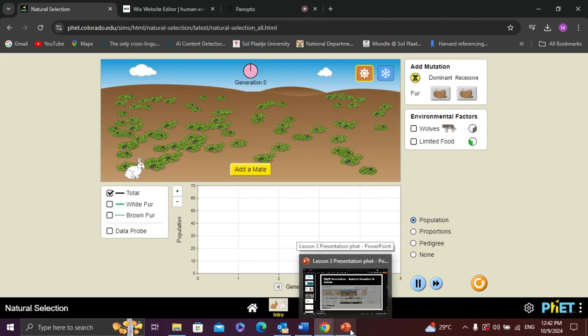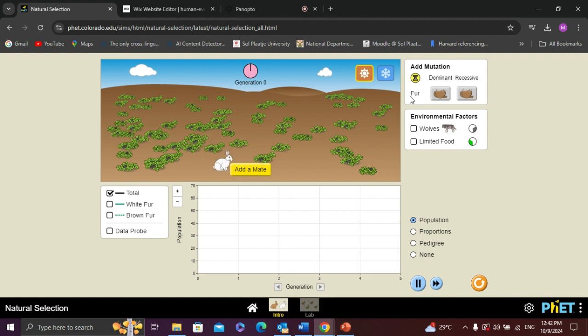Now, working through the simulation together, once you are in, we'll start by setting up initial conditions: a normal food supply, one predator, and no mutations. Now we have the food supply, the food is not limited. Then we add a mate, then we run the simulation.